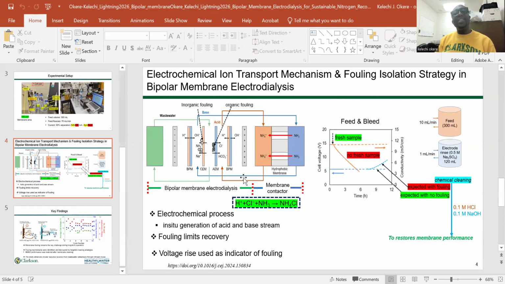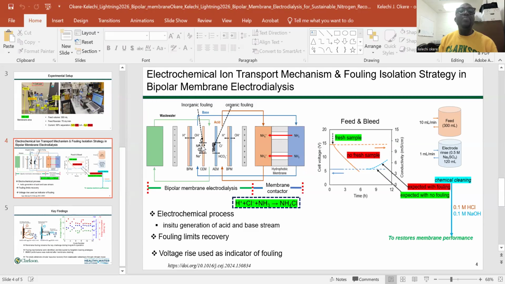So what happens in this membrane system? We have the cation exchange membrane that allows cations to pass and the anion exchange membrane that allows anions to pass. At the bipolar membrane here, we have dissociation of water molecule generating acid and base stream.